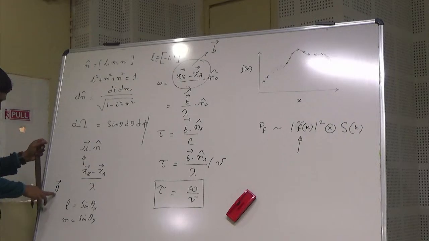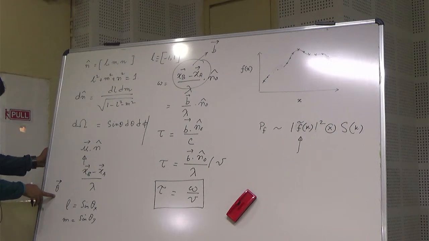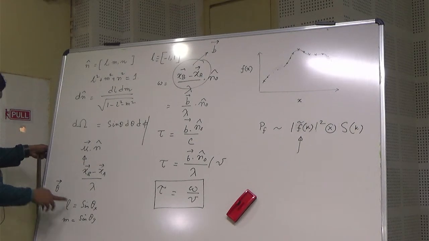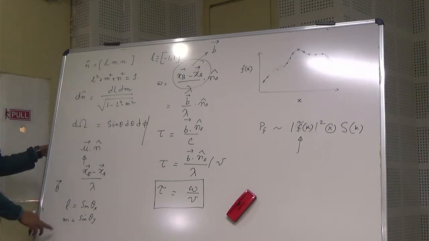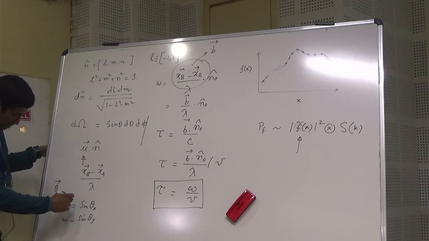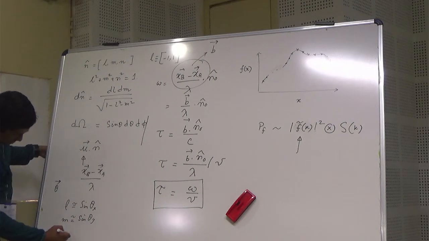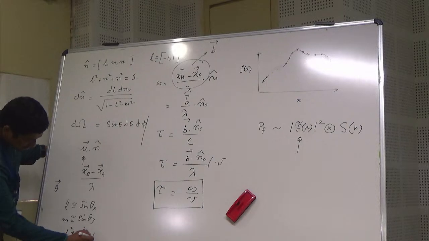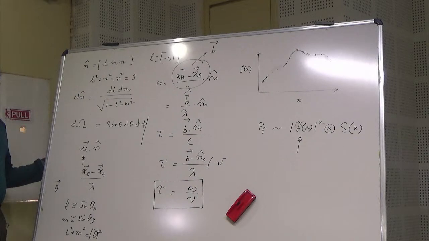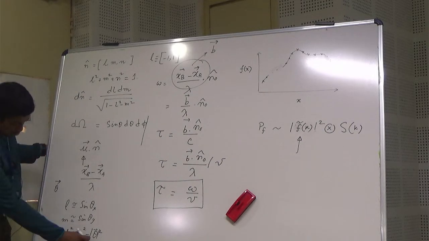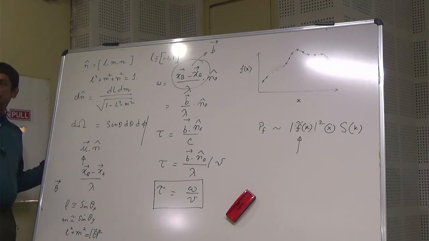So theta is a two-dimensional vector in the sky plane, with components theta x and theta y. If theta x and theta y are small, then L square plus M square is essentially theta square.